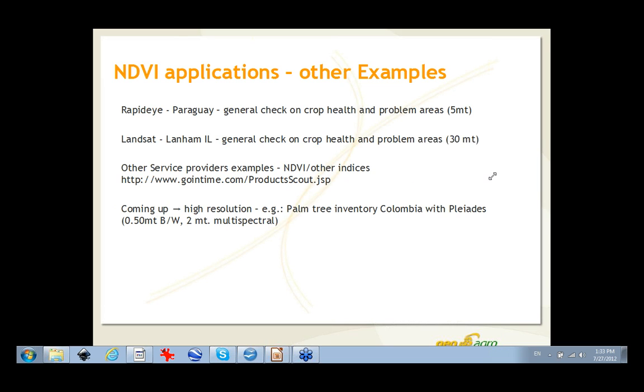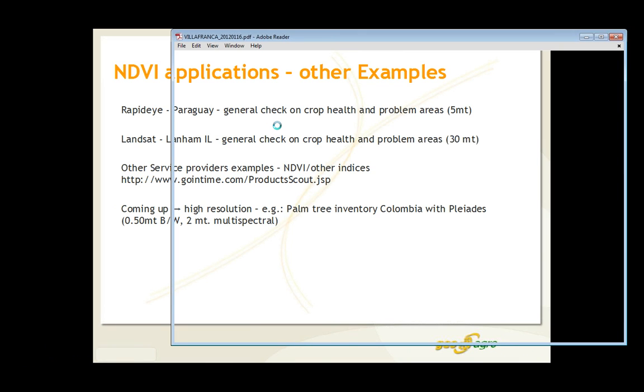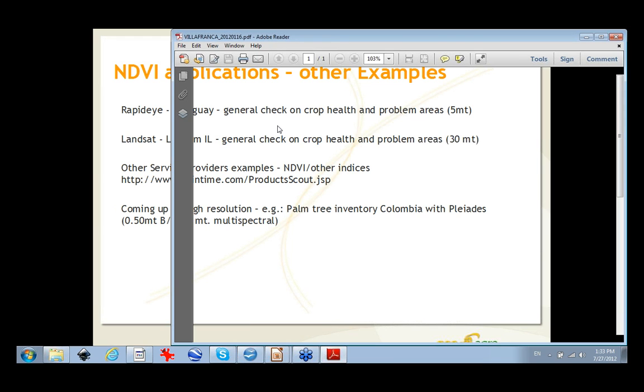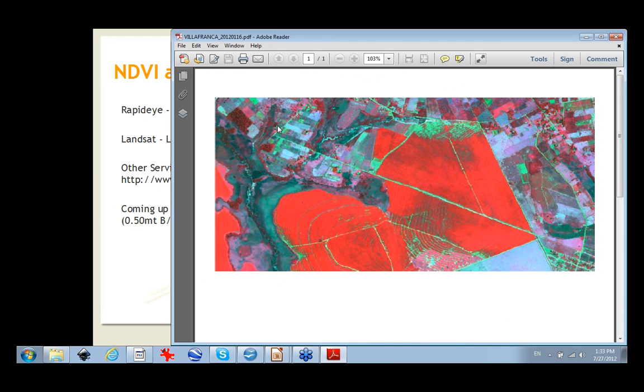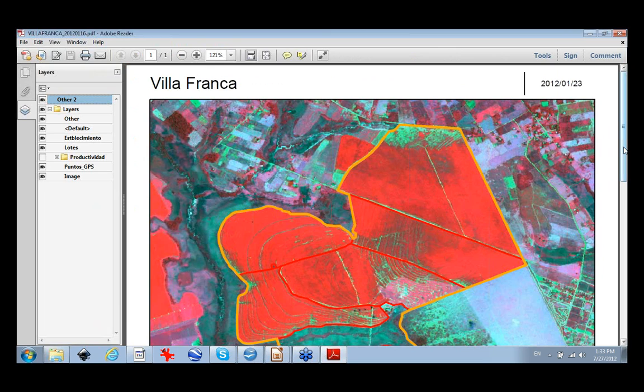Okay, so just a few other examples before we go into the unmanned aerial vehicles. I'm just going to open a PDF. Here what we're seeing is the infrared band.